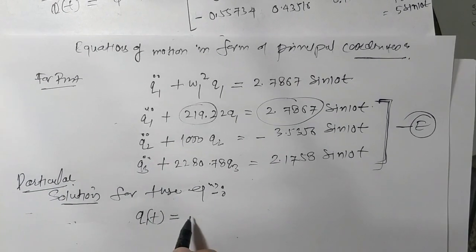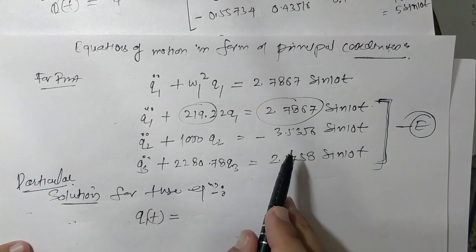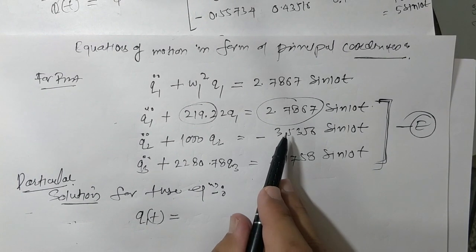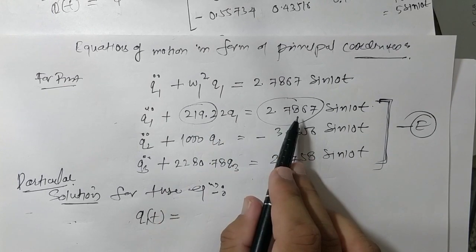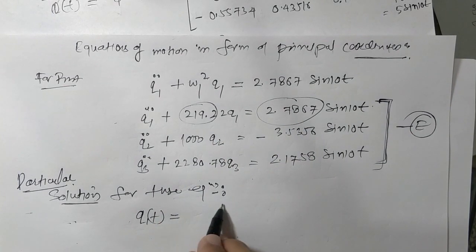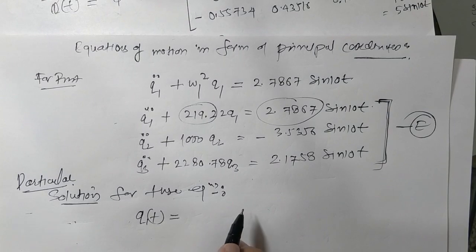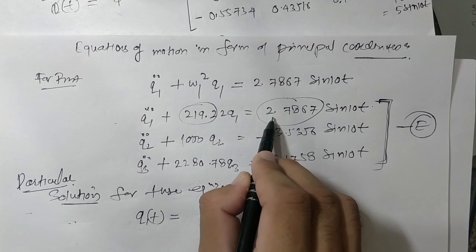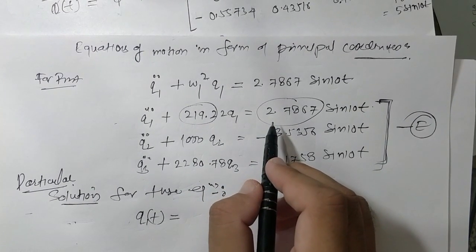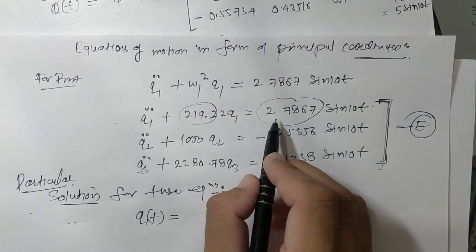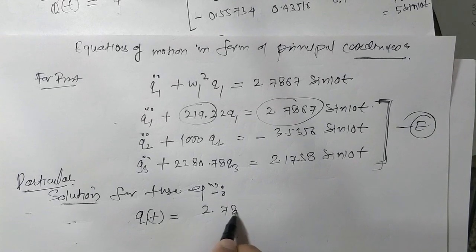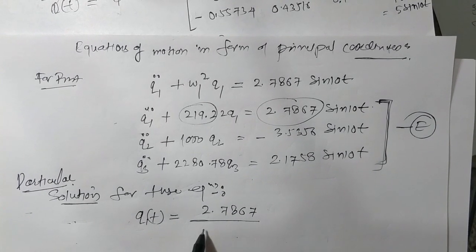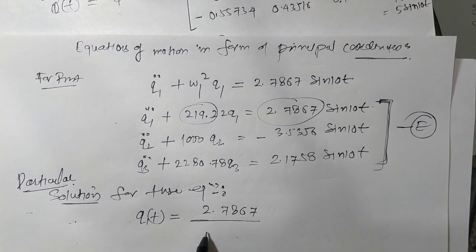As we know, for an undamped forced vibration of a single degree of freedom system, the amplitude is F naught over k minus m omega square. So F naught here, the magnitude of our generalized force, is 2.7867 divided by k1.